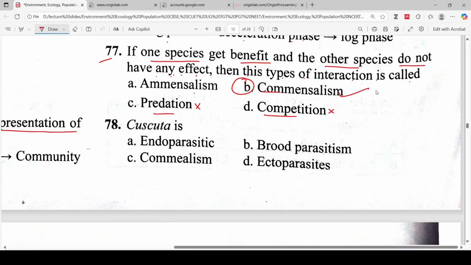Here one organism gets benefited and the other does not have any effect, so the sign is 0. This is the sign of commensalism. In amensalism, one is benefited and the other one is harmed, so the sign will be plus minus.